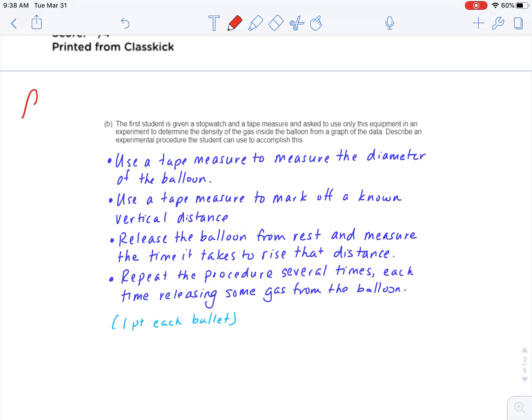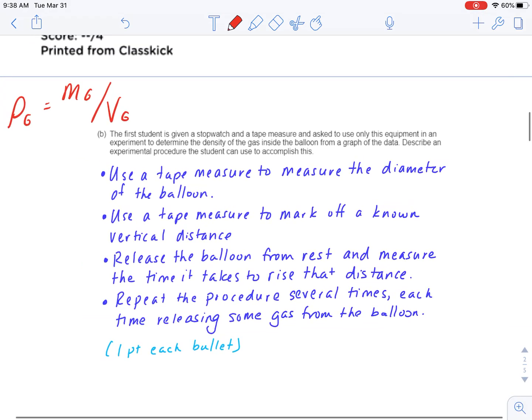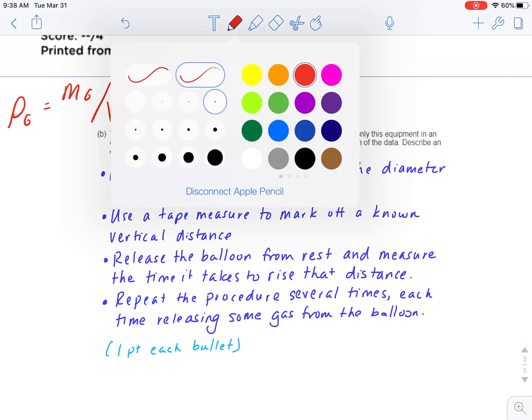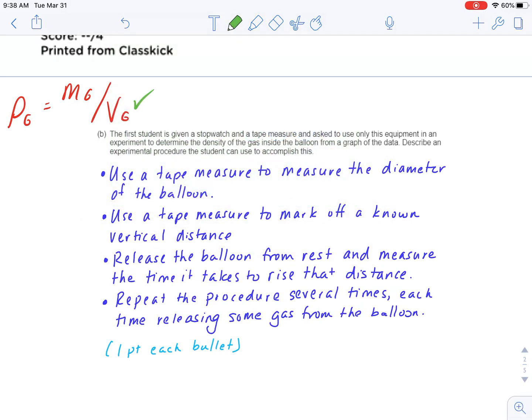By the way, we know that the density of the gas would be equal to the mass of the gas divided by the volume of the gas. Okay, so with that in mind now, I can write out some ideas for some steps. First of all, we're going to need to get the volume of the gas. And to get the volume of the gas, I would need the radius, because I know that the volume would be 4/3 pi r cubed.